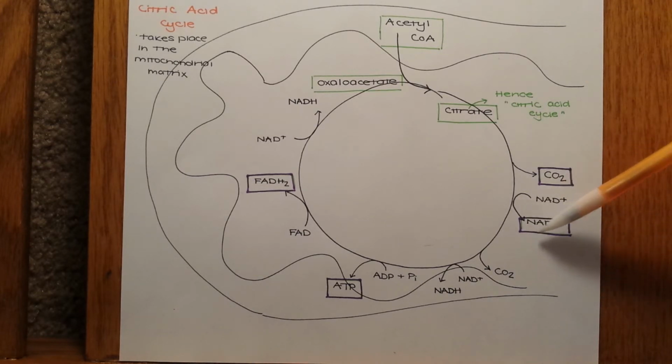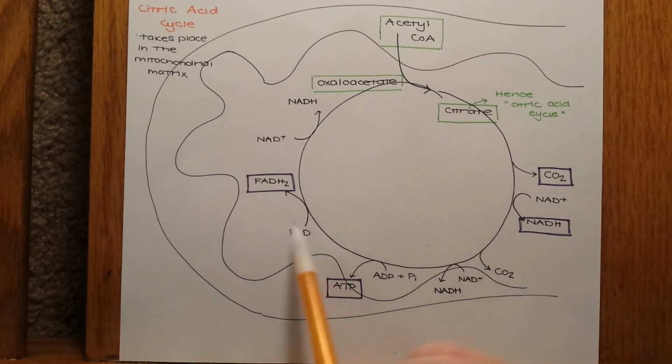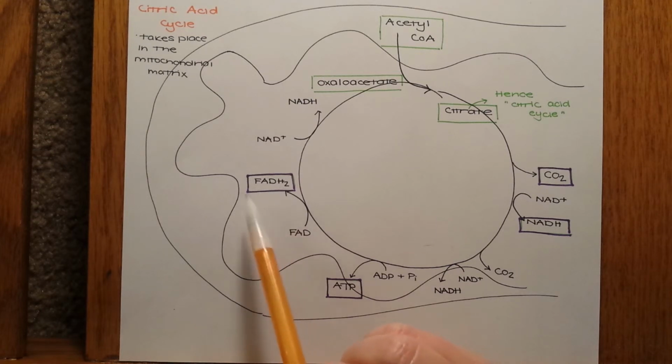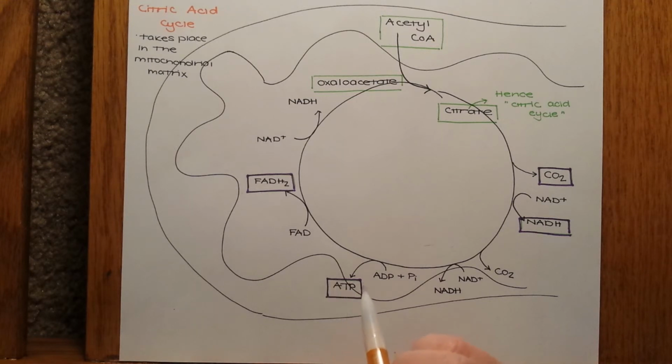Remember that this is reduced, so we are adding electrons and a hydrogen ion here, so this has potential energy. The other intermediate we're going to make is FADH2, similar case, right? We're adding electrons and hydrogen ions, so we have potential energy. And then the only other thing that's coming out is another one of our products, ATP, and we're going to get 2 molecules of this out of the citric acid cycle.